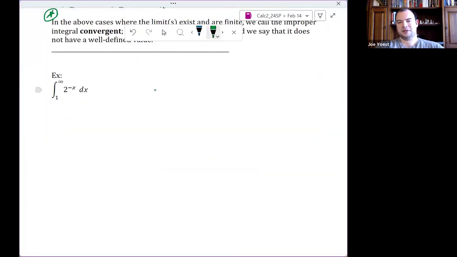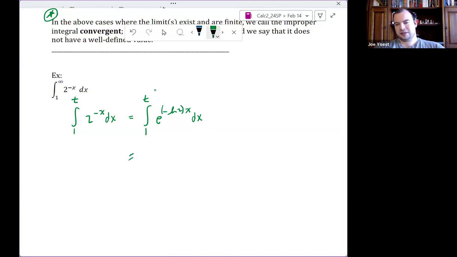So the first thing I'm going to do is say, okay, what's the integral from 1 to t of 2 to the minus x dx? Here I'll integrate from 1 to t. 2 is e to the log 2. So this is e to the negative log 2 times x dx.